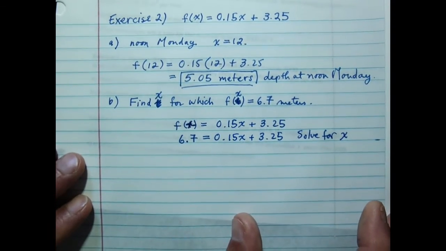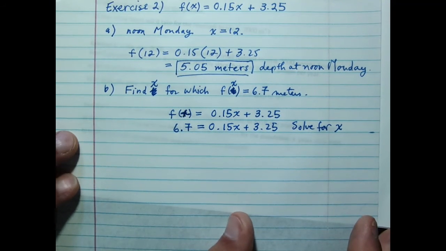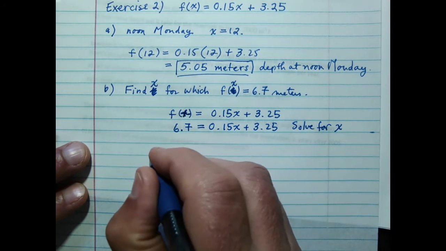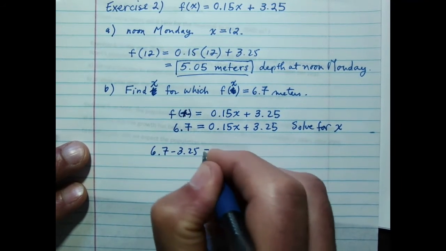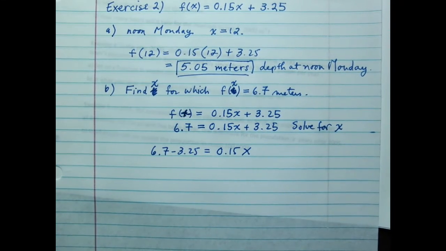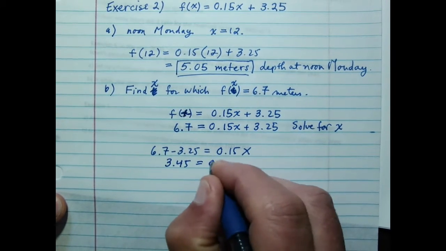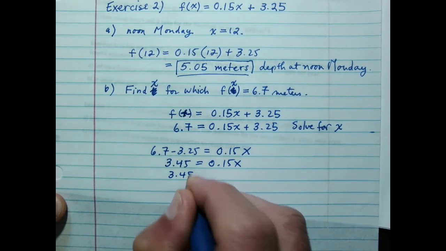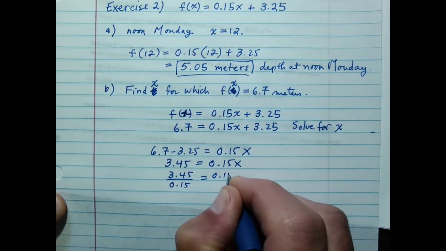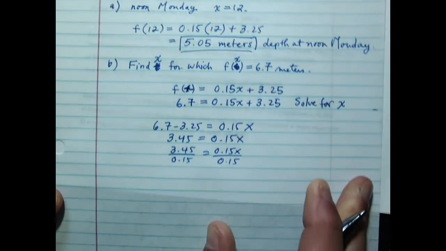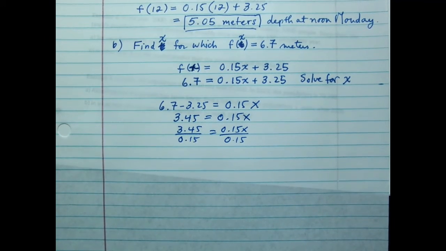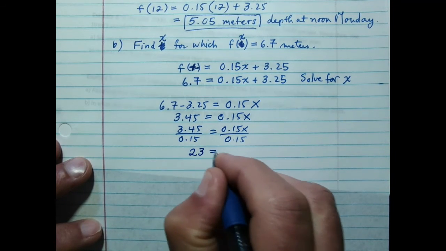For this part, I have a little bit of algebra to solve. I'm going to subtract 3.25 from both sides. 6.7 minus 3.25 is 3.45, so 3.45 equals 0.15x, and then I divide both sides by 0.15. 3.45 divided by 0.15 is 23. I get exactly 23 for x.